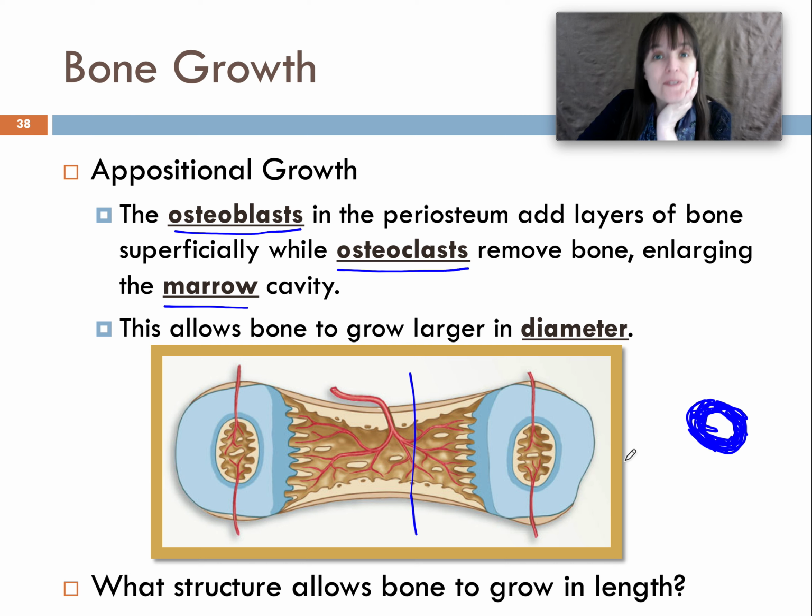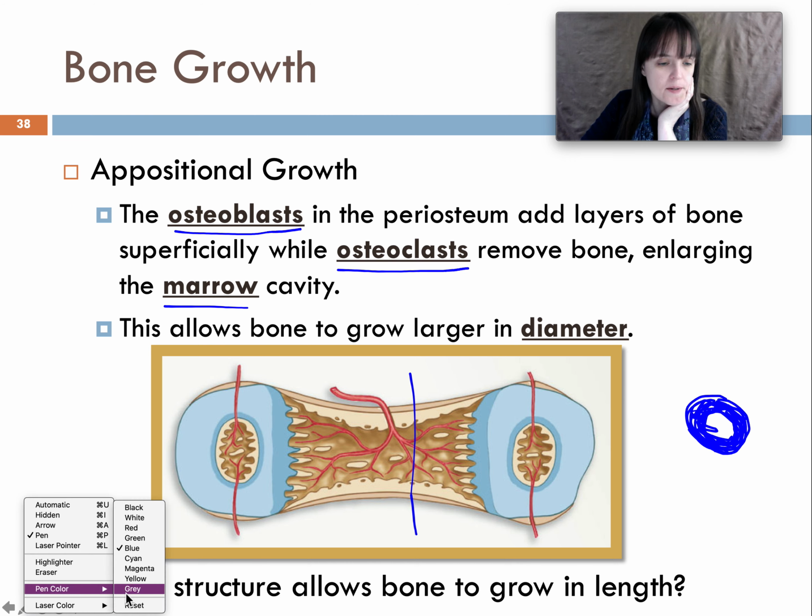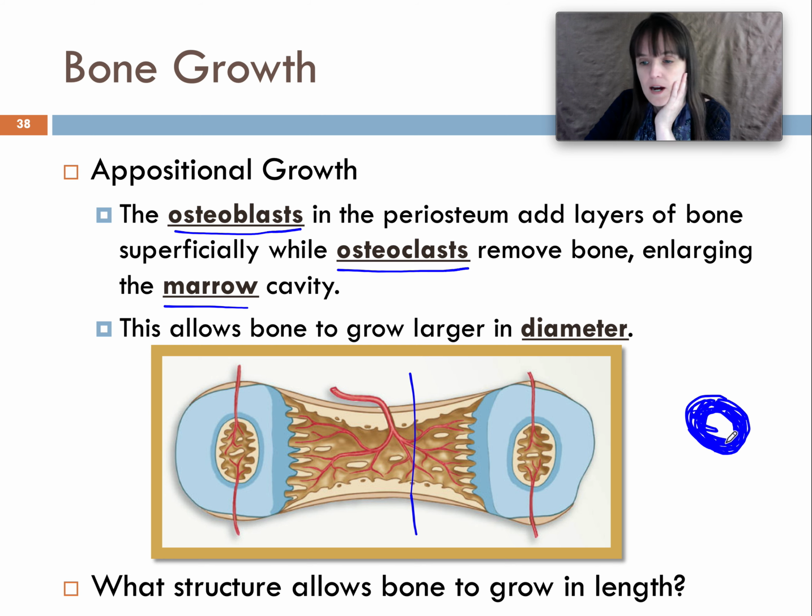Okay, so now, appositional growth. The osteoblasts add bone superficially. At the same time, in white, osteoclasts break down the bone in the center.